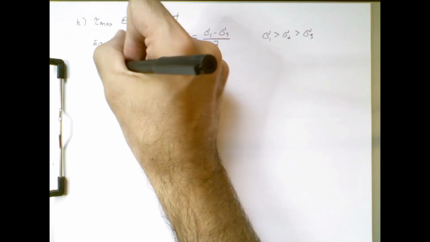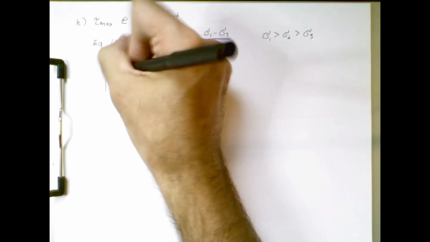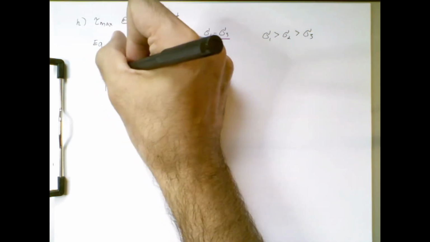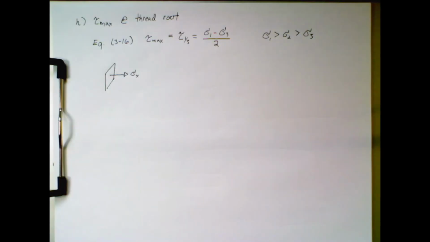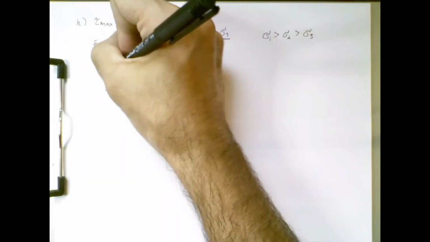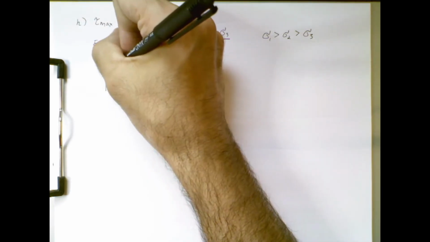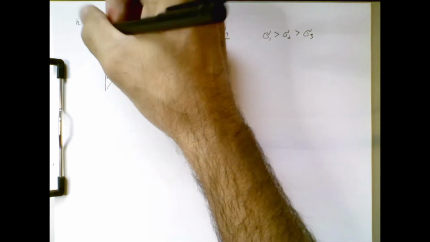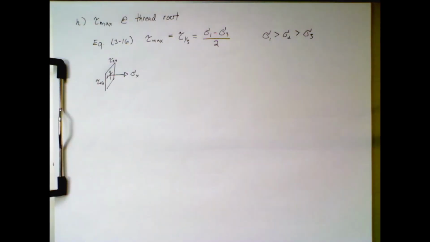If we have a look at the plane that we drew earlier that involves the sigma x stress, well, the shear stresses in that plane, tau xy and tau xz, are 0. So what does this tell us? If tau xy and tau xz are 0, then sigma x must be a principal stress because that plane is oriented in a direction such that the shear stresses associated with that plane are 0.